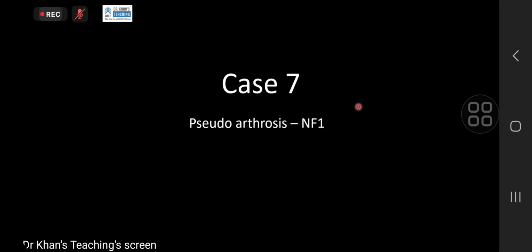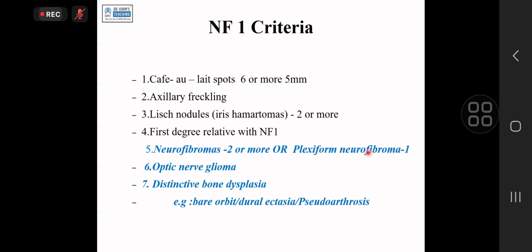NF1. So this is what we call one of the bony dysplasias of NF1, and ultimately it ends up in pseudoarthrosis. The definition of NF1 is two or more of the following.